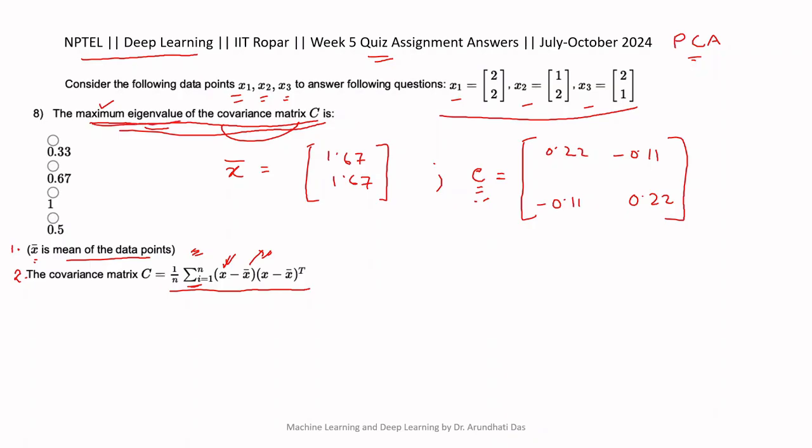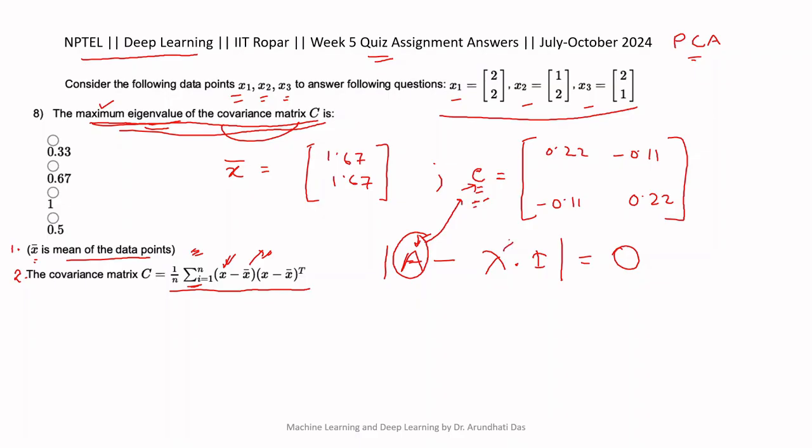To find the maximum eigenvalue, I have an equation. The equation is the determinant of A minus lambda multiplied by I equals 0. Here A is a symmetric matrix, and my covariance matrix is also symmetric, so in place of A I will replace my C matrix.